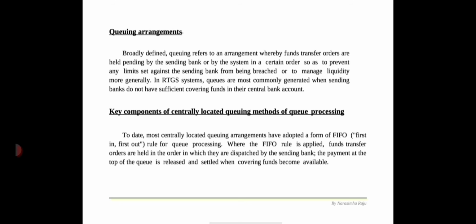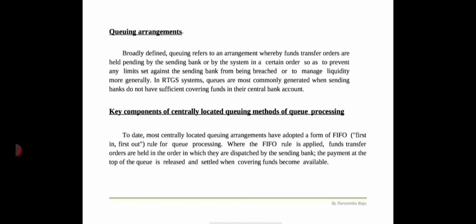Irrespective of whether the queues are physically located at the center or within a bank's internal system, the management of queues could in principle be either centralized or decentralized. Combinations of these possibilities in terms of location and management can thus lead to various forms of queuing.